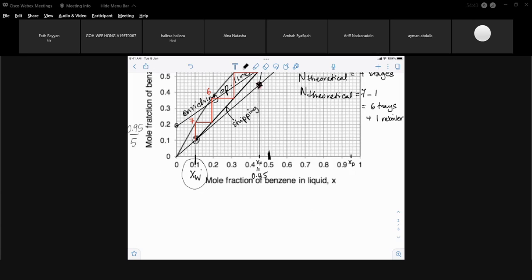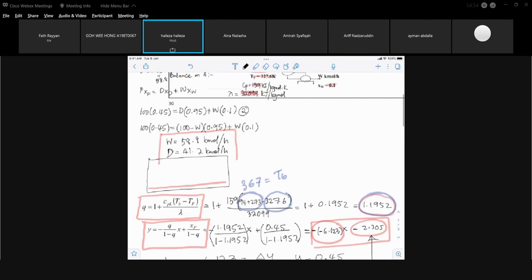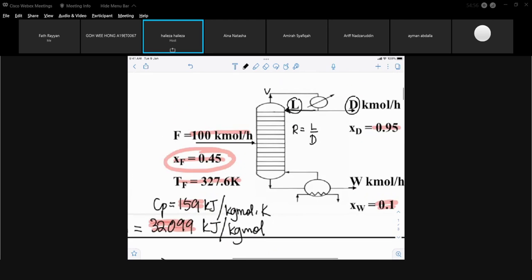Okay, that's how you normally write your number of stages. You have 6 trays plus 1 reboiler. The last stage should be for the reboiler because your reboiler is a partial reboiler, and if you look at the diagram, it is a partial reboiler.